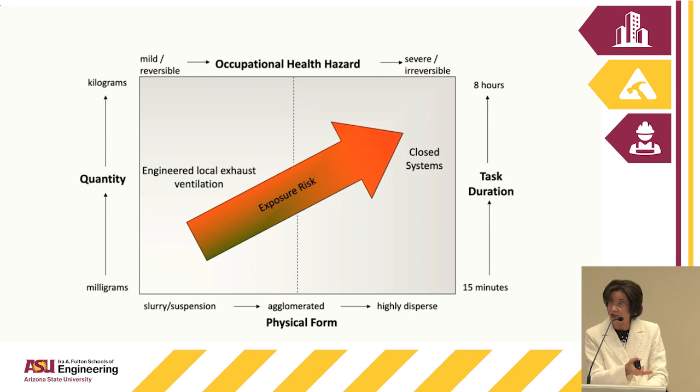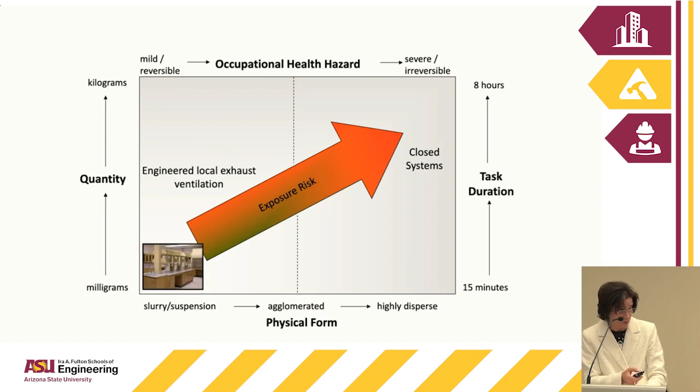The task duration, 15 minutes to 8 hours, and then the quantity. And then you start to look at the kind of controls you would use. In the first section at the lower left-hand side, these are usually laboratory chemicals, small quantities. You're going to be okay with some local exhaust ventilation controls.